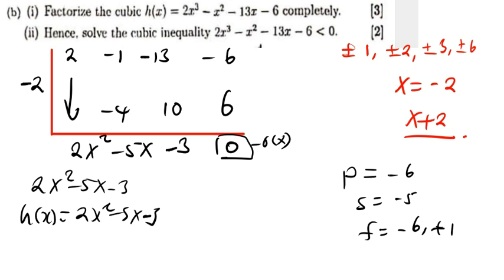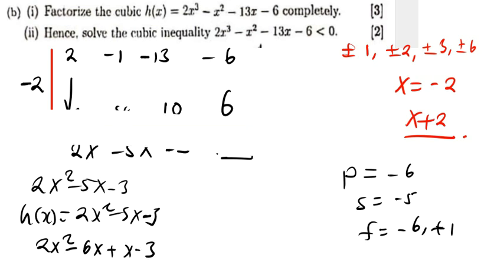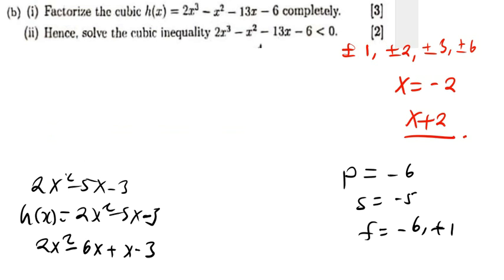So then we have 2x squared minus 6x plus x minus 3. So I think I can split this so that I simplify it. I'll have these two, which have a common factor of 2. So I'll factor out 2x there. I'll have x minus 3 from 2x times x minus 3.